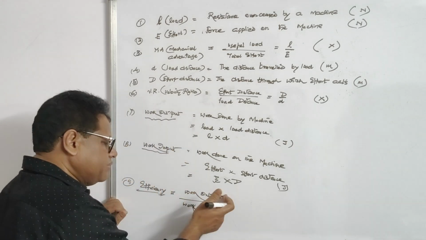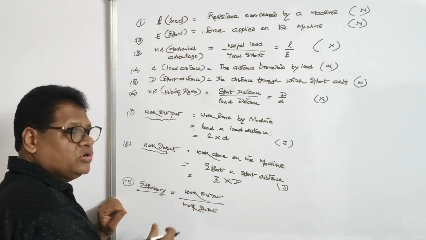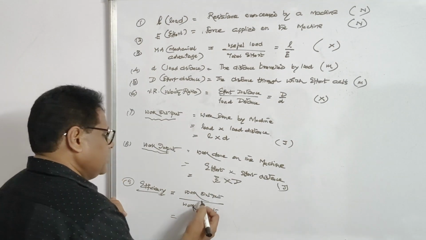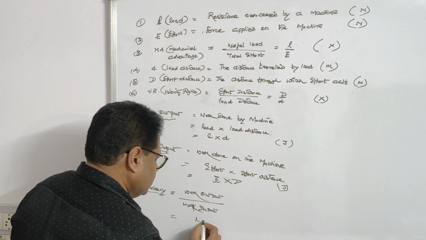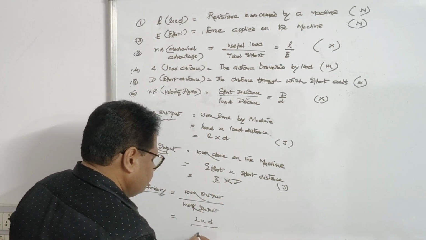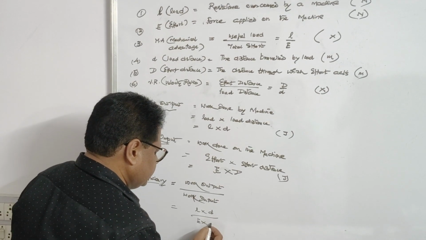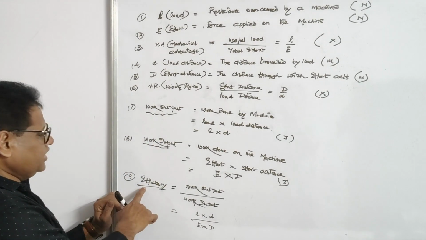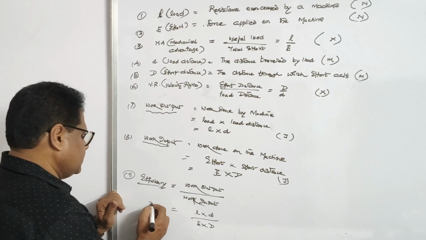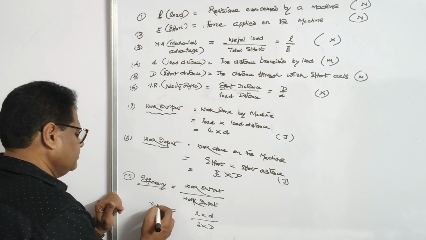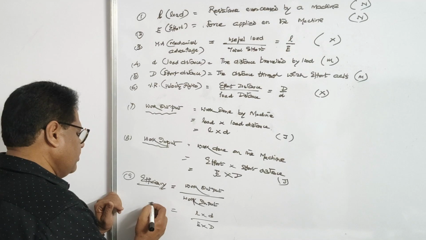Mathematically we express efficiency with the symbol eta, which is the symbol for efficiency.